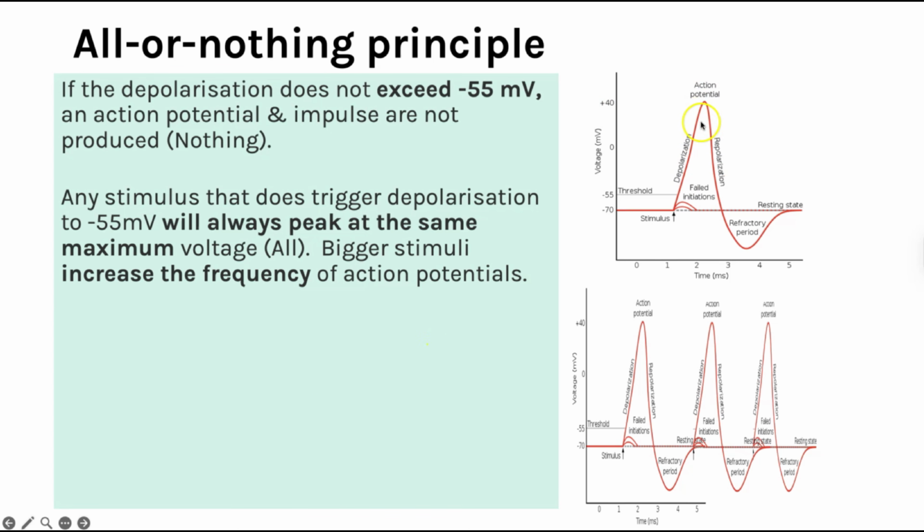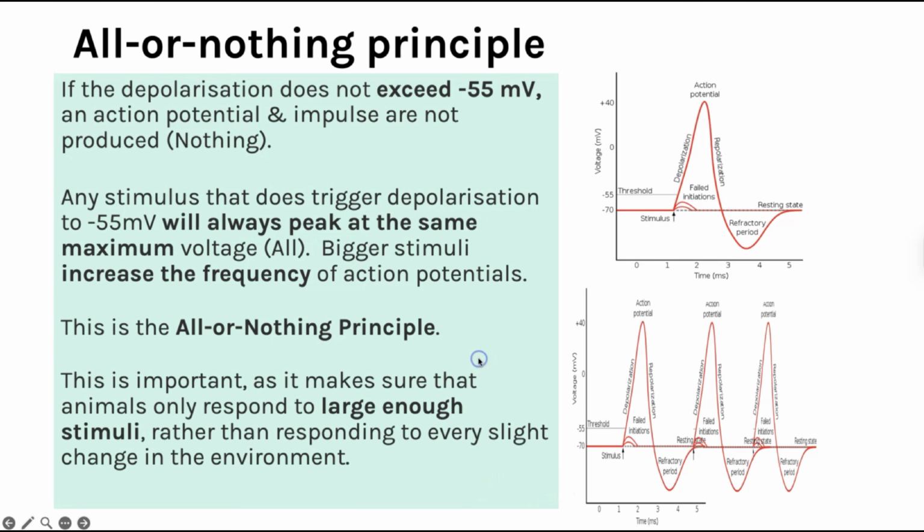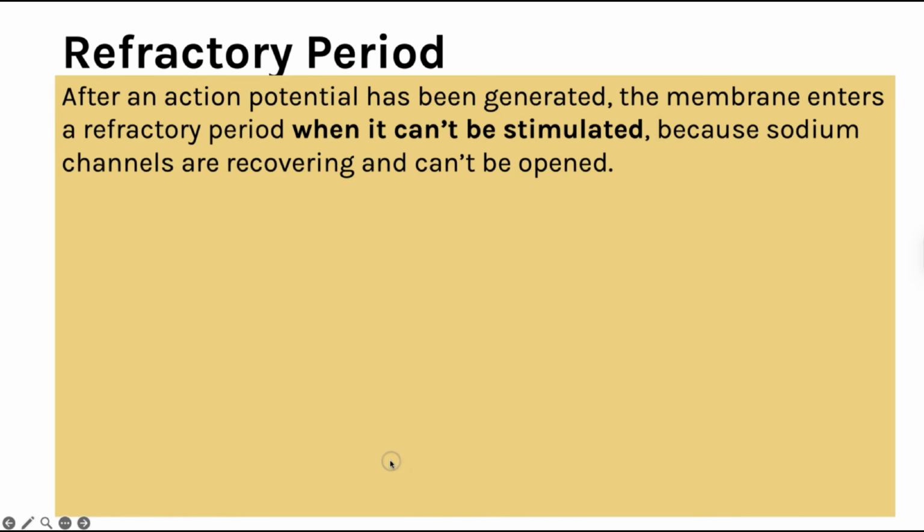Bigger stimuli do not increase the voltage any further. Instead, it increases the frequency at which the action potentials are generated. So that's the all or nothing principle, and it's important because it makes sure that animals only respond to these large enough stimuli rather than responding to every slight change in our environment.